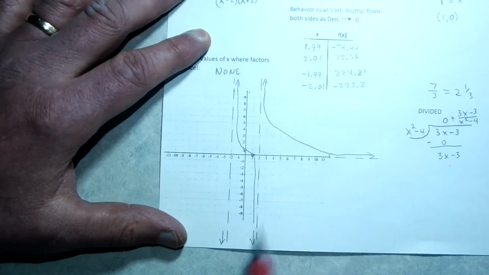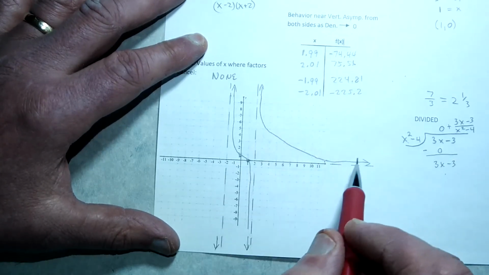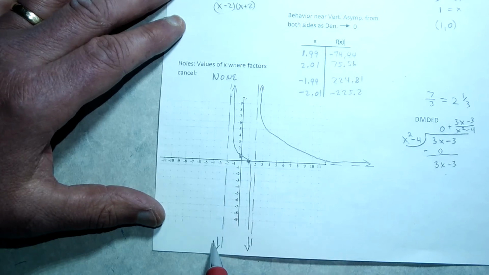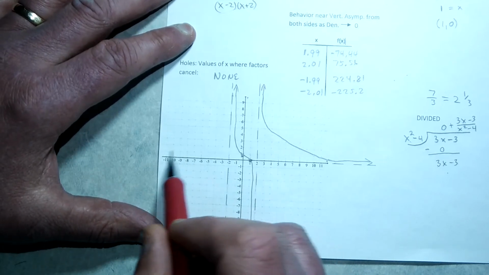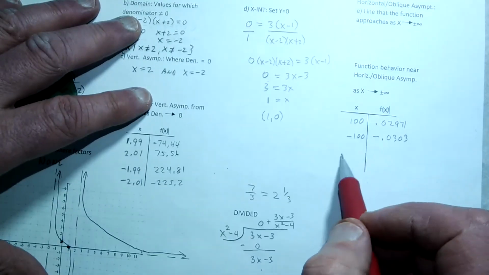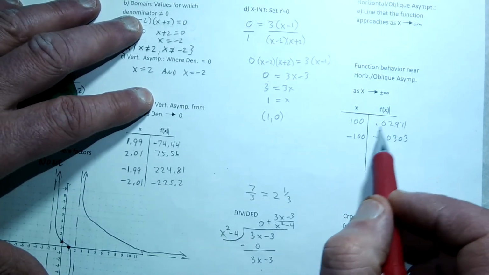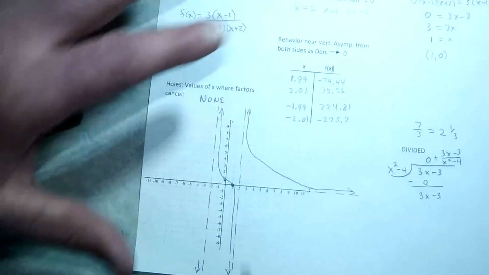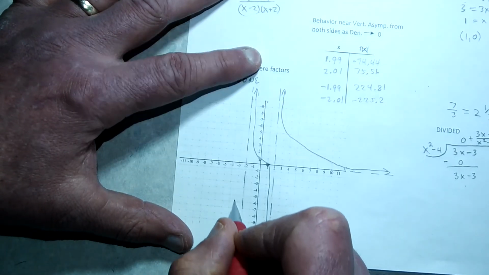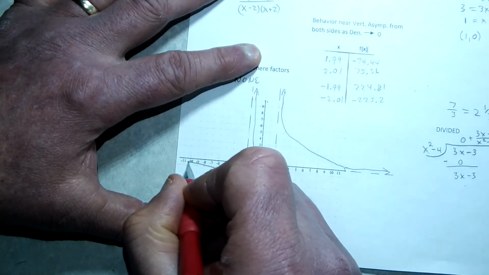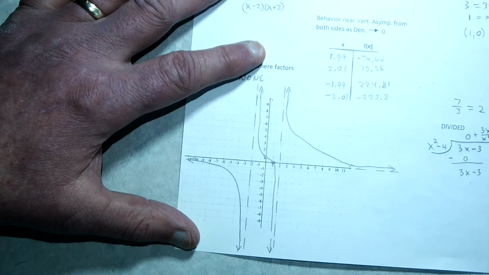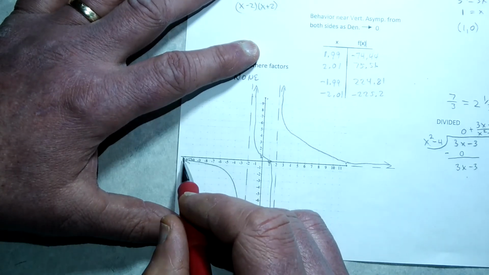And then also, I already filled this in, right? We had that sense. And if you look over here on this side, I'm thinking that if this is my horizontal asymptote that I'm approaching, and take a look at negative 100, I was just slightly less than 0. I think this is coming up here like this, and then curving and approaching the x-axis from underneath. I'll never get to 0, right?